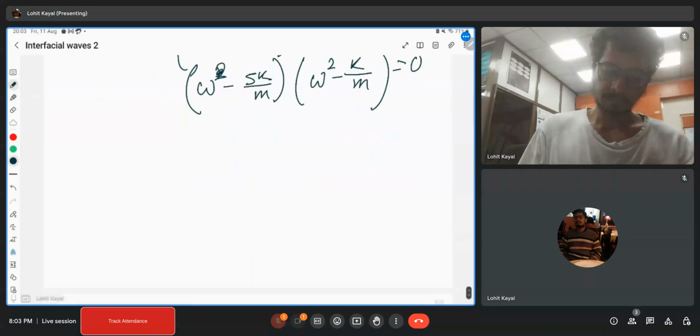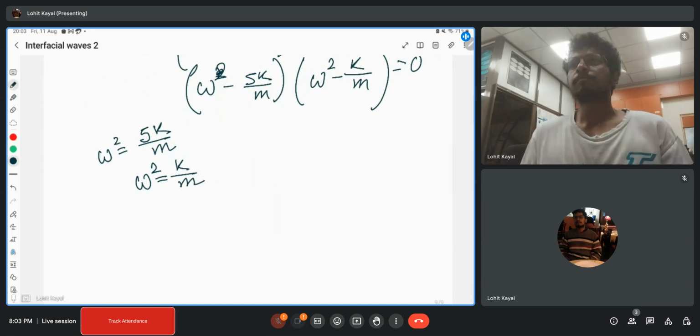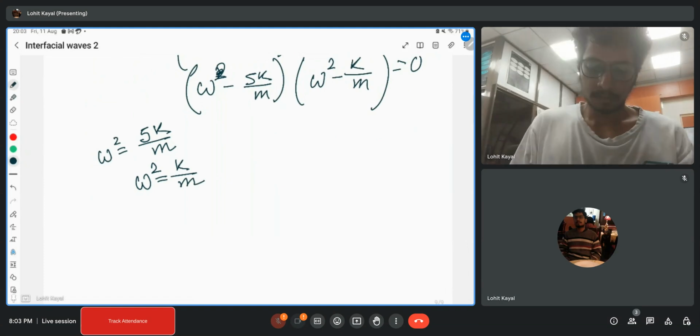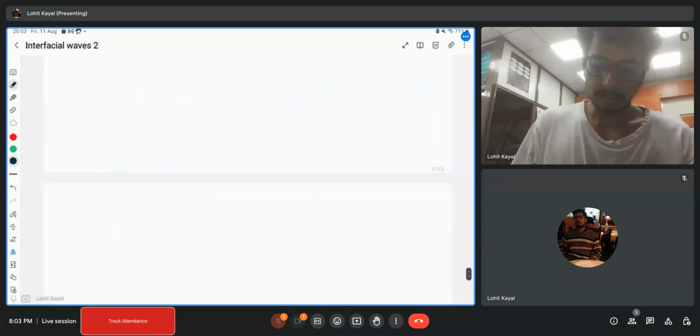So one possible solution is omega square equal to 5k by m, and the other is omega square equal to k by m, right? Now, case one.